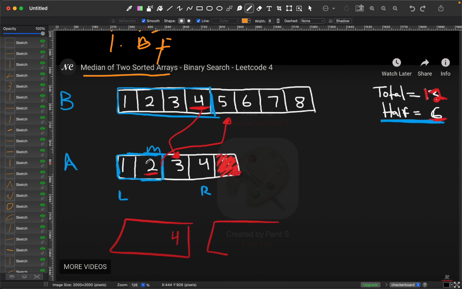A has to be made bigger, because right now B is saying, hey, my value is less than your right element or not, and it's not true.